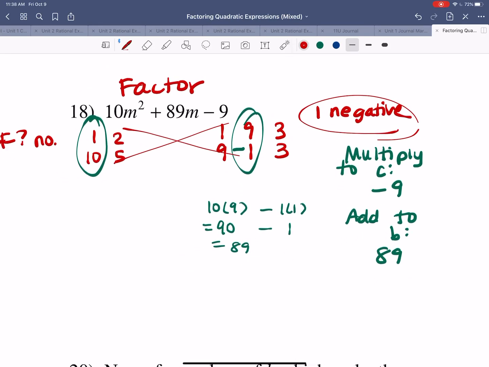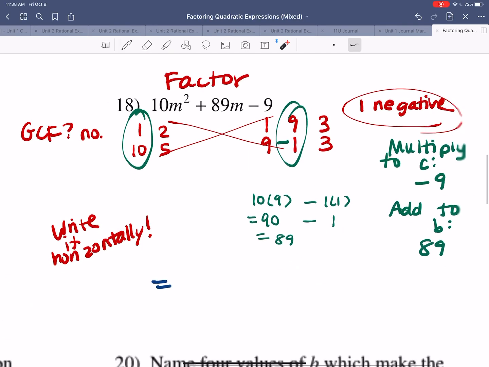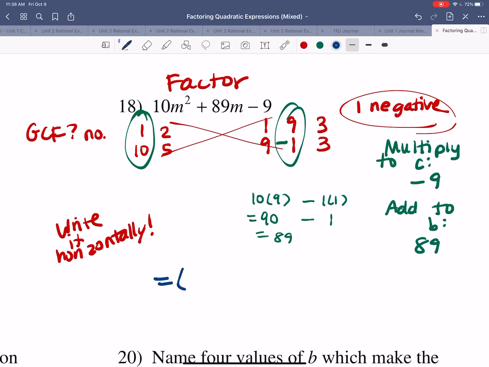Once you've done that, when you are listing it, you have to write it horizontally. So what you're going to do is write it this way, meaning, okay, I could have had 1m and 10m that multiplies to 10m squared. So I'm going to write 1m, which is just really m, plus 9.